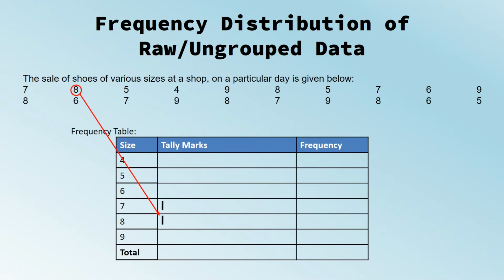The next number is 5, so you put a count against the number 5. This putting of counts or vertical lines are basically tally marks. So we keep on doing this for each and every number available in the data.